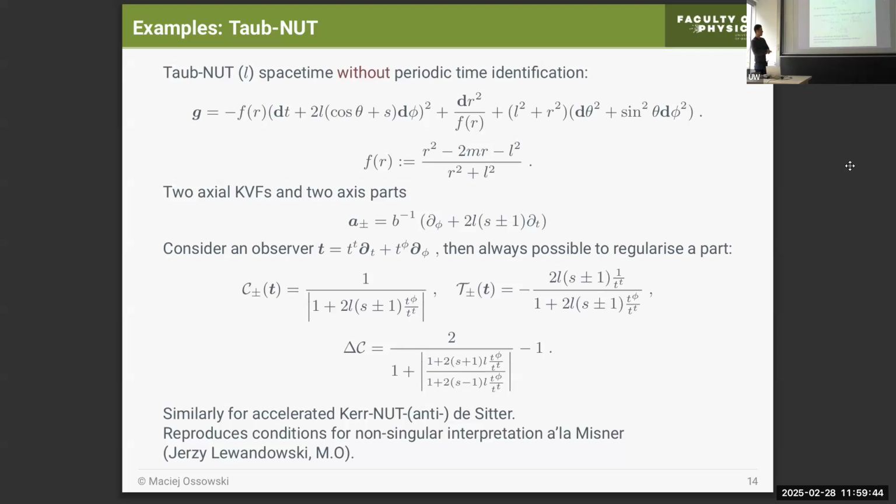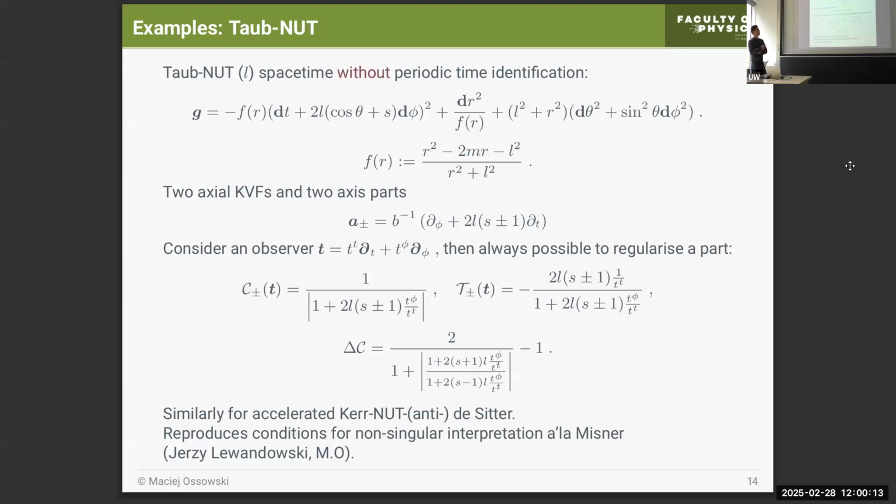And what's a little bit curious, and what ties this whole talk to what I have been doing with Professor Lewandowski during my PhD, is that we constructed the Misner interpretation of the accelerated Carnot ADS. In the Misner interpretation, you have to assume that there's a periodic time coordinate.